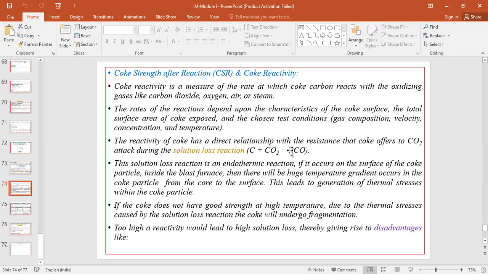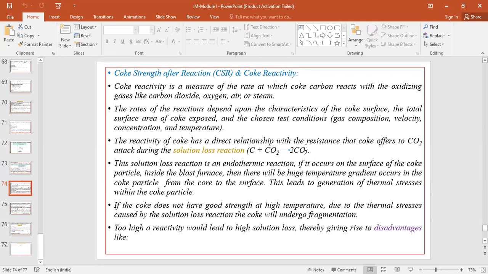If the coke does not have good strength at high temperature, then due to thermal stresses caused by the solution loss reaction, the coke will certainly undergo fragmentation.